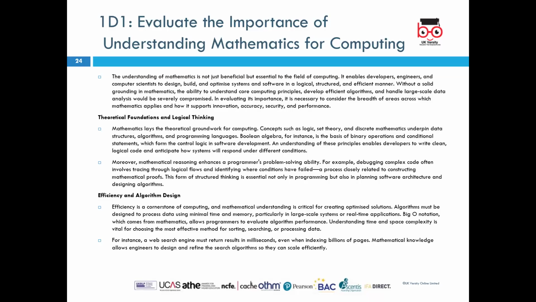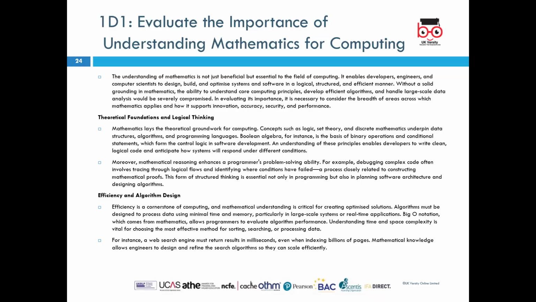Efficiency is a cornerstone of computing. Mathematical understanding is critical for creating optimized solutions. Algorithms must be designed to process data using minimal time and memory, particularly in large-scale systems or real-time applications. Big O notation, which comes from mathematics, allows programmers to evaluate algorithm performance.